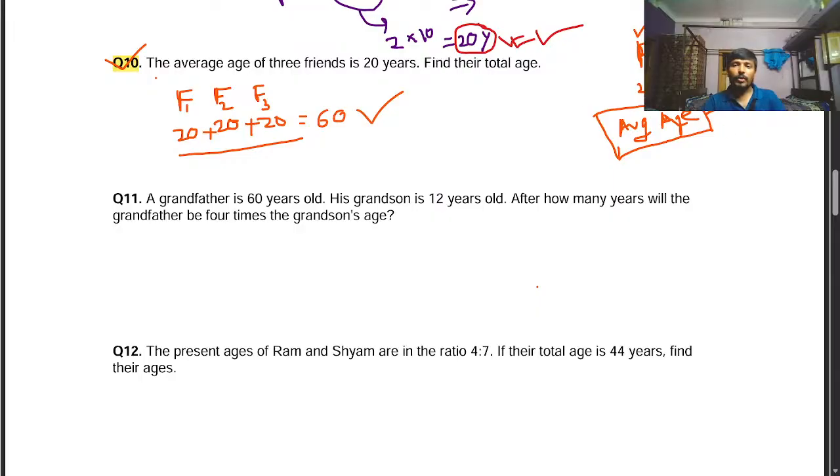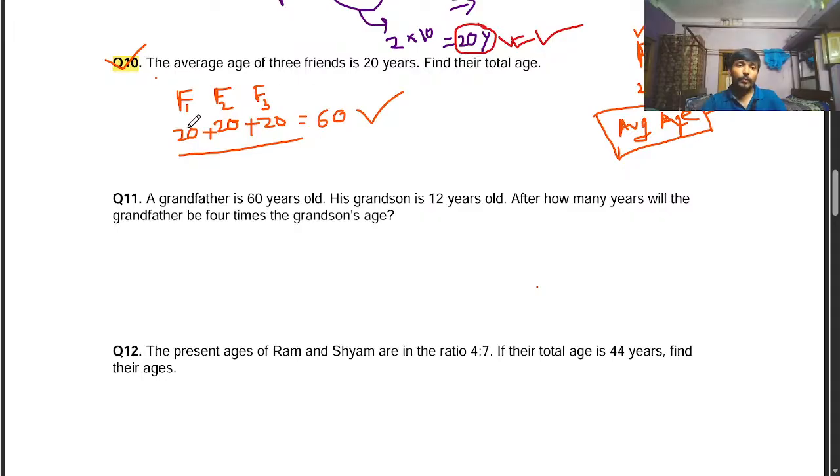The average concept is: if x quantity is given to n number of persons, then the average is x, and the actual total quantity will be nx. Okay, the actual quantity is nx, but the average is x.